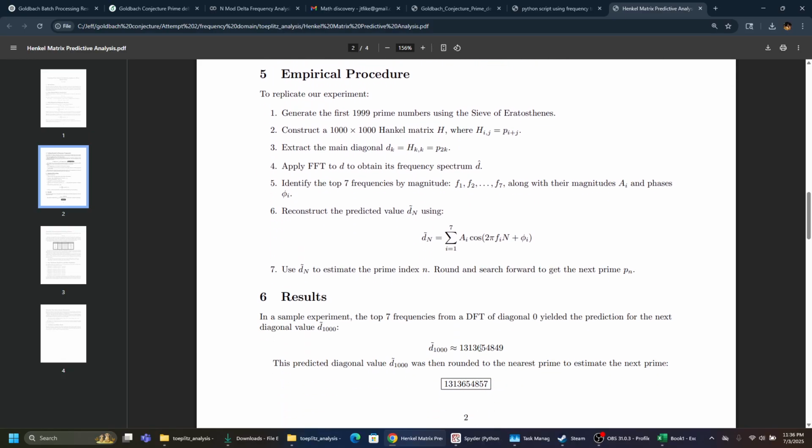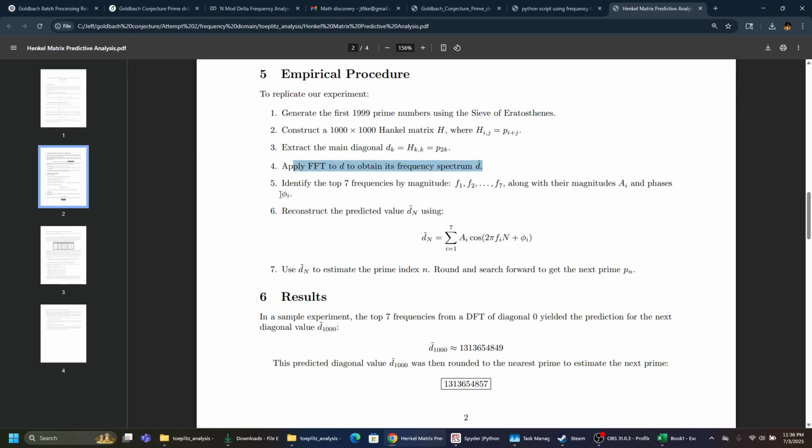So here's your empirical procedure. What I did was I generated prime numbers that are known in the universe. I created a 1000 by 1000 matrix using the sum method. I didn't use the frequency. I extracted the main diagonal and identified the 7 dominant frequencies.